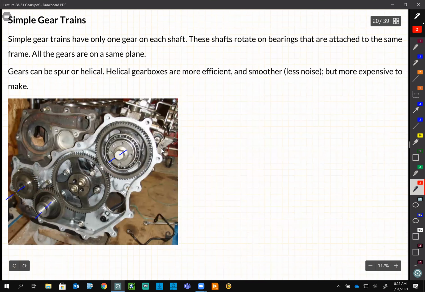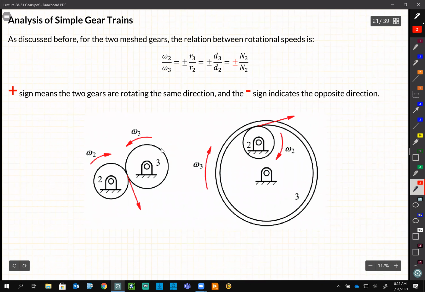Okay. So how do we calculate them? Super easy. You saw we use the simple concept of instant center, and we prove that the ratio of omega, let's say 2 and 3, is equal to the inverse of the ratio of their radii.